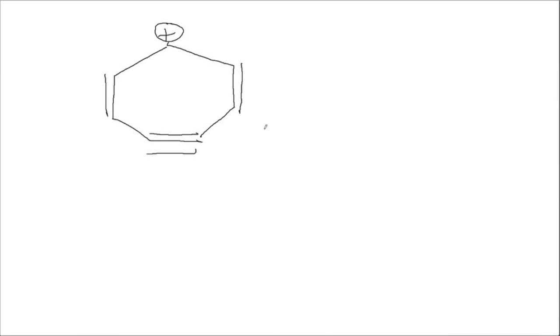Okay, let's try this one. This is a triple bond. This is aromatic. How many pi electrons? There are 6 in the cyclic structure.